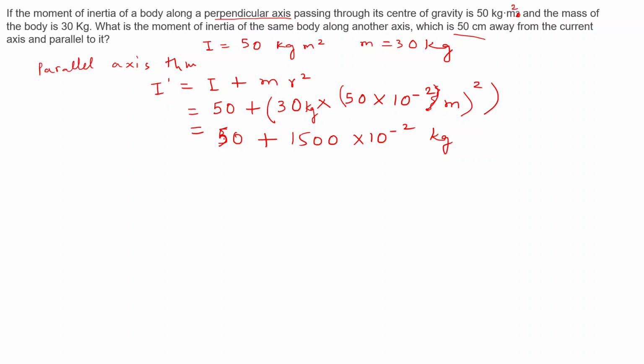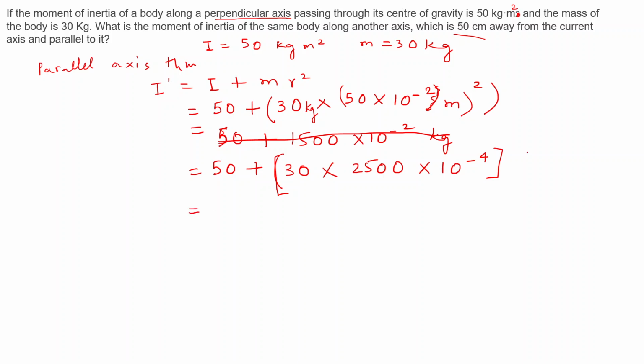Yeah, this is not correct. 50 plus 30, or I can use this bracket, this will be 2500 times 10 to the power minus 4. This will be finally kg meter square, but what will be this? Let me calculate.